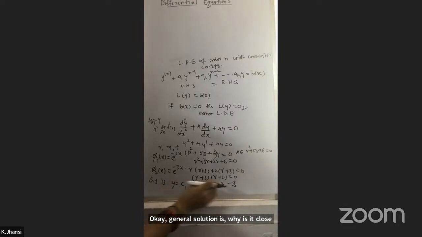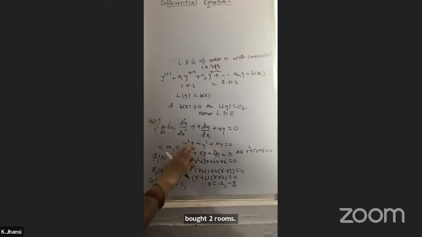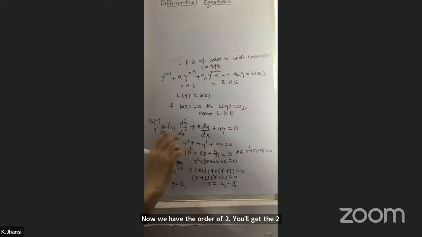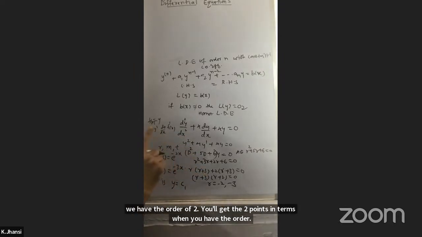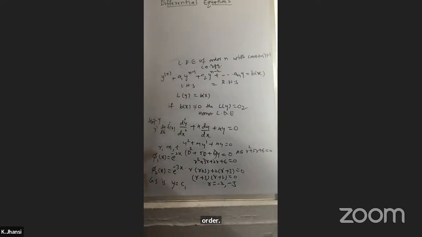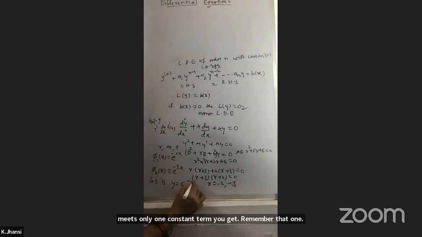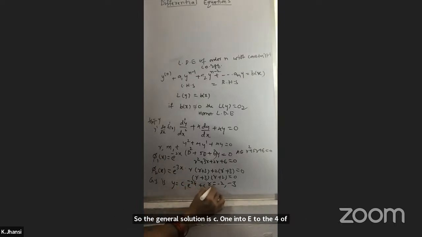Here we got two roots now. Whenever we have order 2, you get 2 constant terms. When you have order 3, you get 3 constant terms. If you have order 1, only 1 constant term you get. You remember that. So the general solution is C1 into e to the power of minus 2x plus C2 into e to the power of minus 3x.